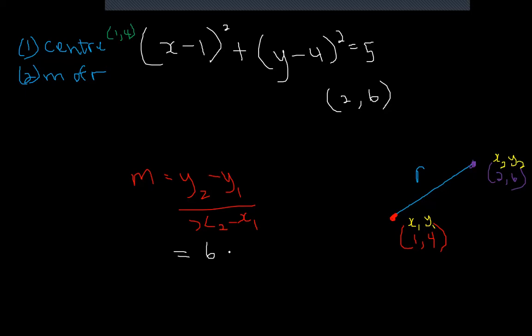Y2 is 6 minus y1 which is 4, divided by x2, that's 2, minus x1, which is 1. 6 minus 4 is 2, and 2 minus 1 is 1. But we know that 2 over 1 is the same as 2. And that's why the gradient of my radius, which is the second step, is 2. If I lost you, let me know.